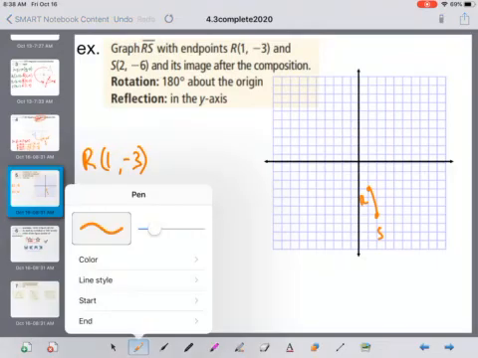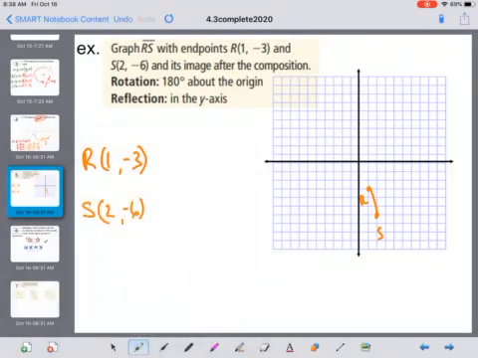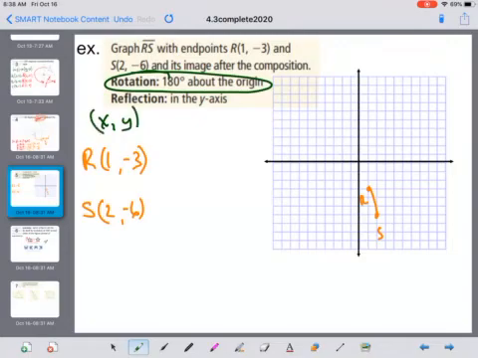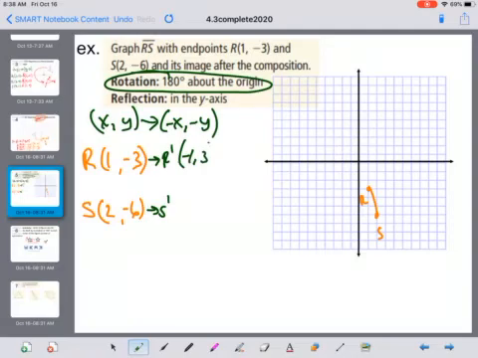And then we want to do the first thing to it, which is a rotation of 180 degrees. So that means we're going to take our x, y, and take the opposite of both. So -1, 3, and -2, 6.